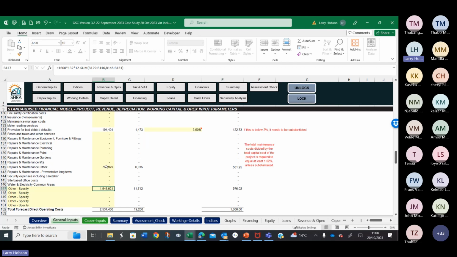And then I'm deducting whatever has been entered above. So this is like a balancing number here. This is the operating costs balancing figure.